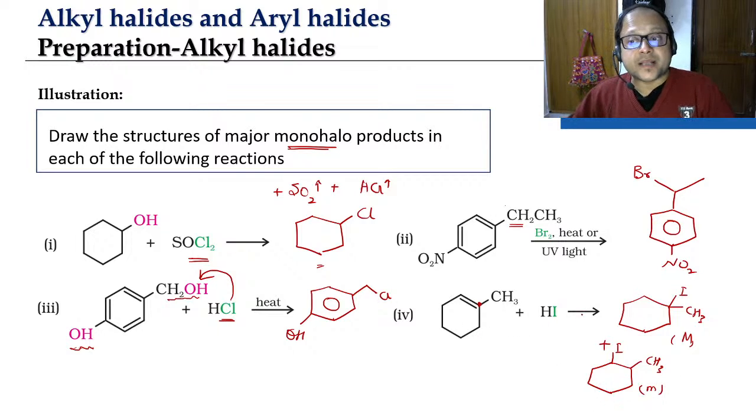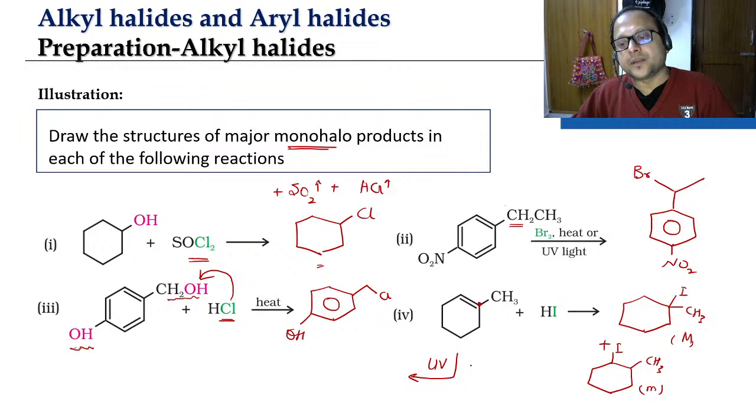But if there had been sunlight here, then allylic addition will take place. Remember, allylic addition, in case of sunlight or ultraviolet light or heat. But for that, what do we need? HI or I2 or Br2.